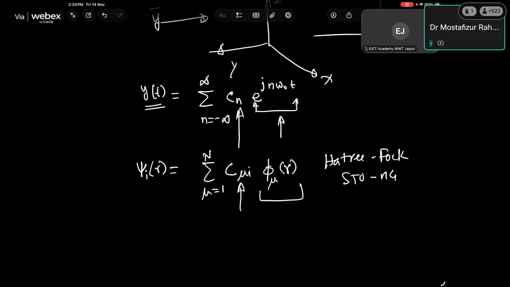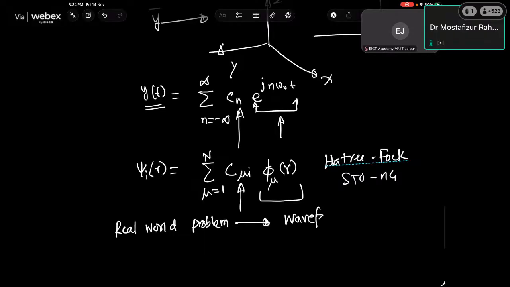So this is important when you have a real world problem, and you know what is the best way to represent that problem in a waveform description, right?